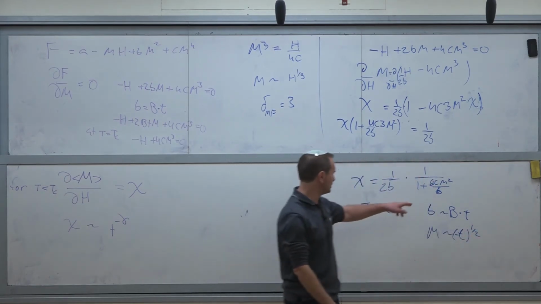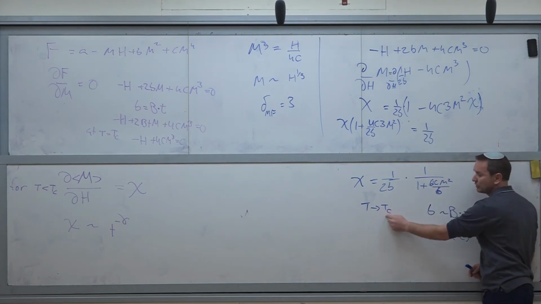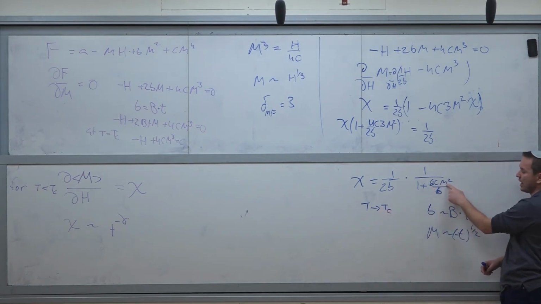So we look at this term over here, and c is a constant, which in the vicinity of the critical temperature stays constant. m squared is proportional to t to the power 1, or minus t, doesn't really matter. b is also proportional to t, so this term is completely independent of the temperature.